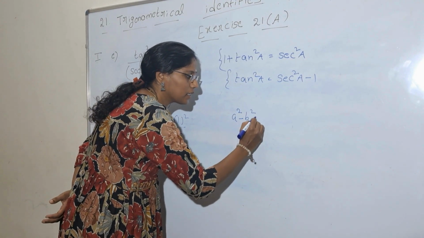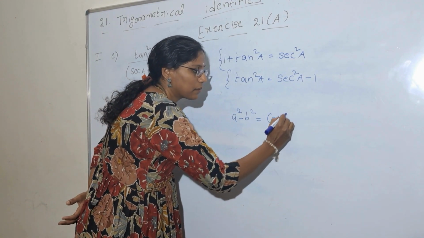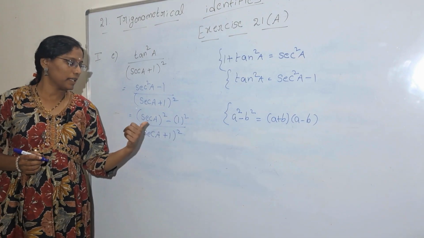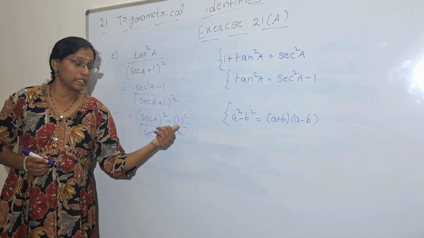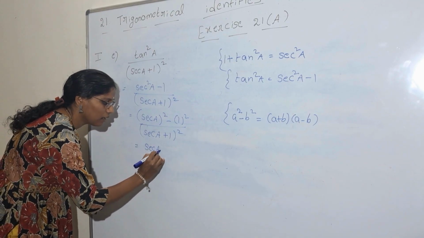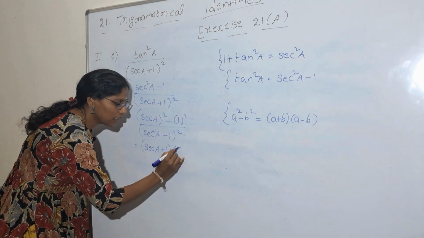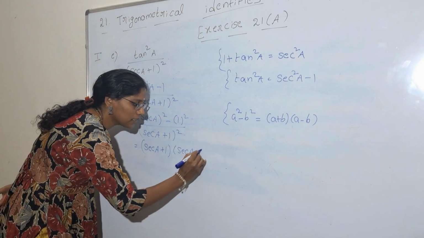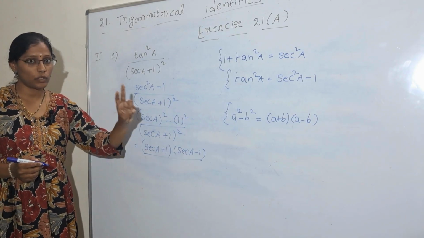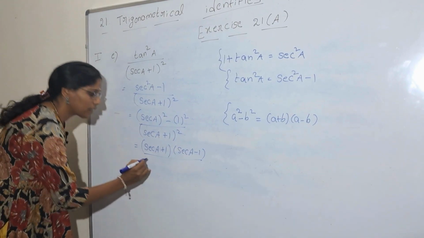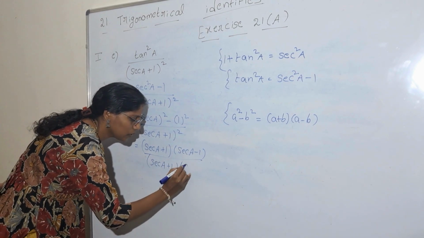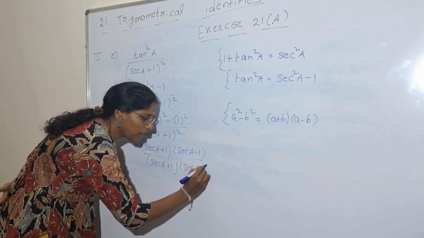A square minus B square formula, A plus B into A minus B. Instead of A, secant A, instead of B, 1, we have to write secant A plus 1, secant A minus 1 by, here secant A plus 1 whole square, 2 times is there. So separately I will write here secant A plus 1 into secant A minus 1.